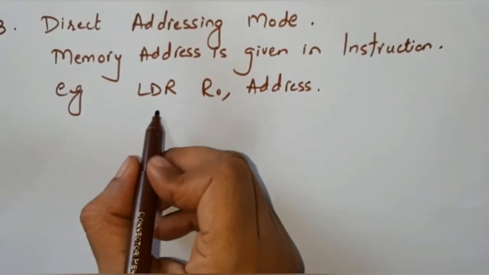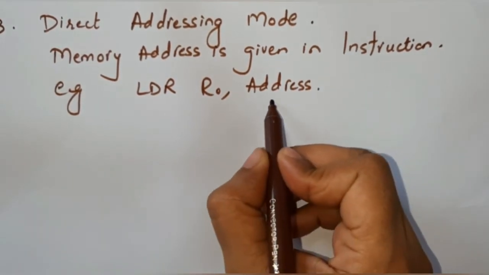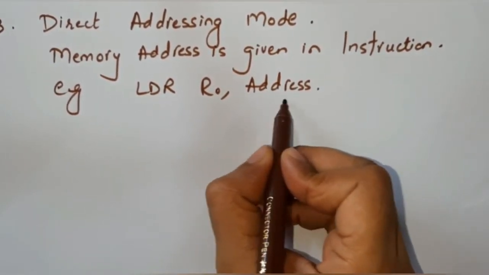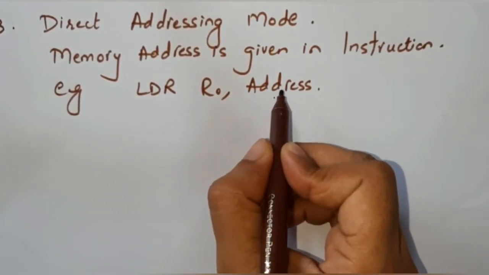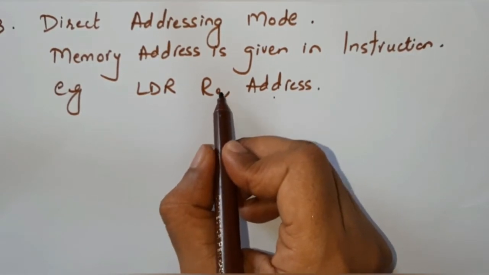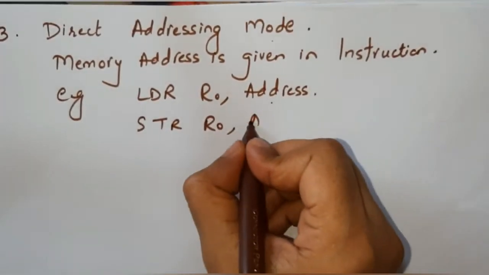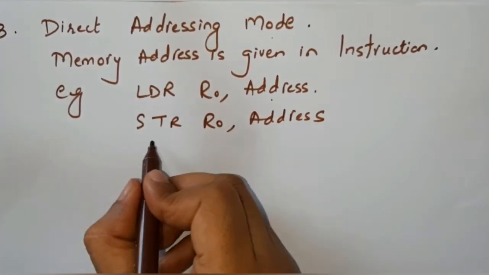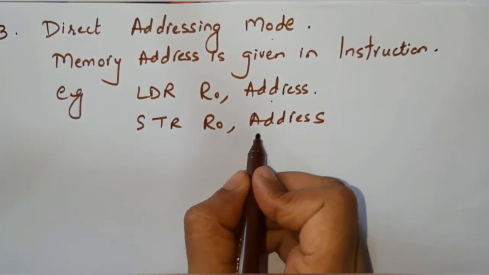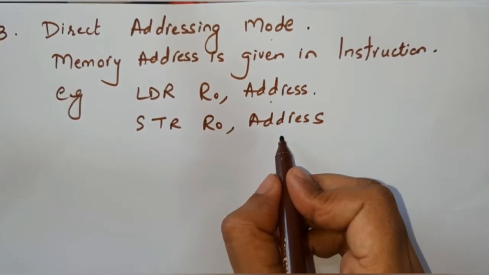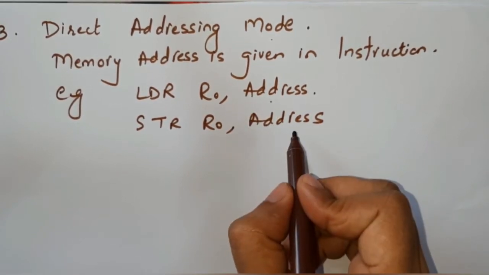So this LDR is used as load. This means the content of this memory location, where the address is directly mentioned in the instruction, will be loaded into the register. Other example, STR R0, address. STR means store. So the content of register R0 will be stored to the memory location defined by this address. So the address is directly given in this addressing mode.